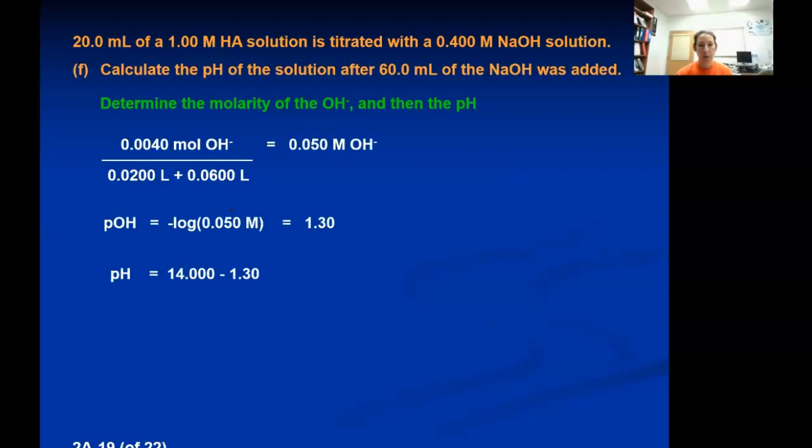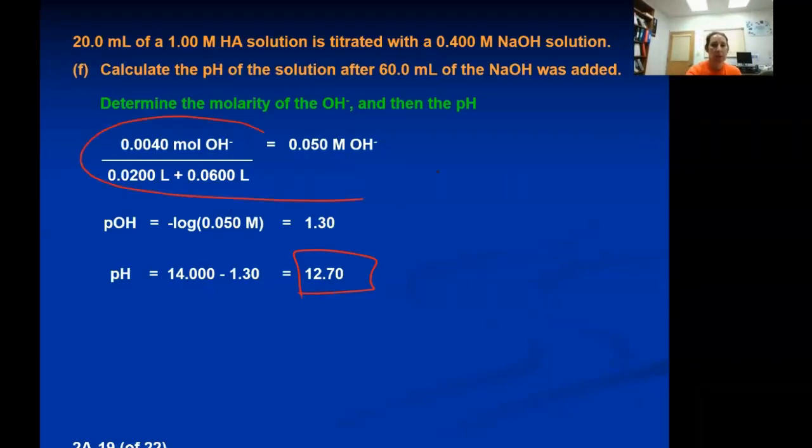And when we do this, we get 1.3, and then we need to subtract because it's pOH. Again, don't forget to do this step right here. The only time you cannot use molarity is if it's Henderson-Hasselbalch. If you have to use an ice table, or if you have to calculate pH, you have to use molarity.